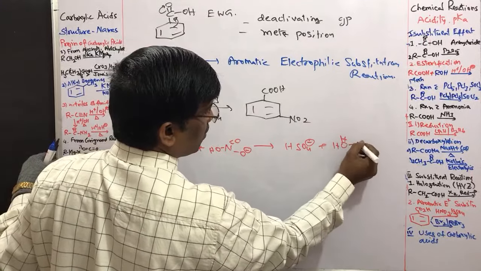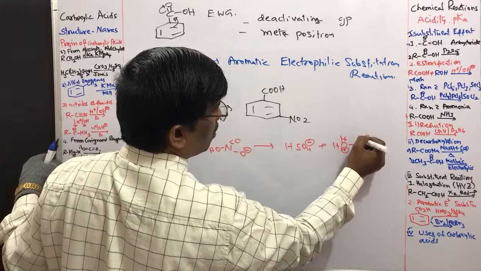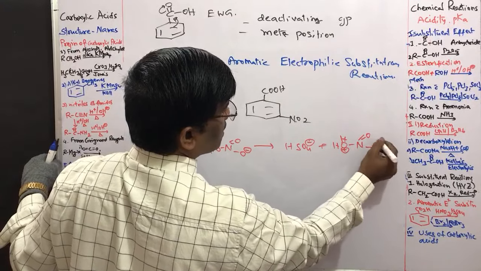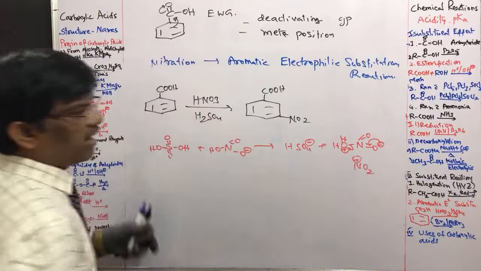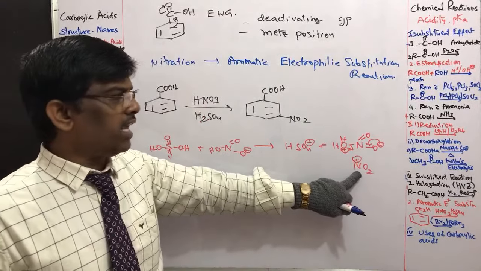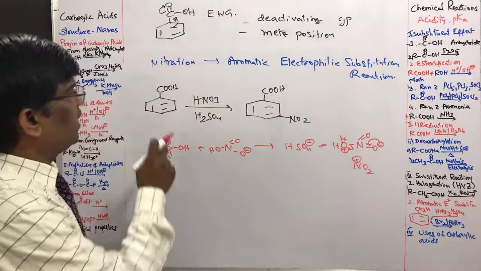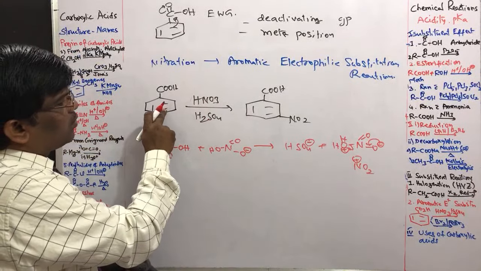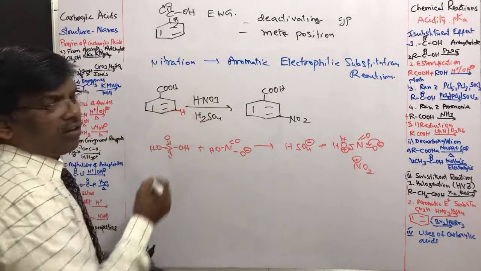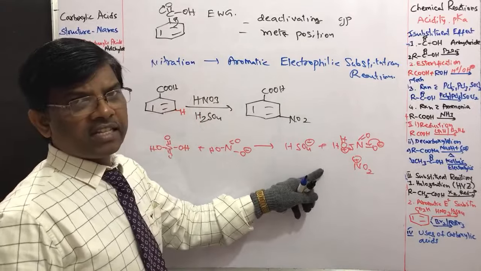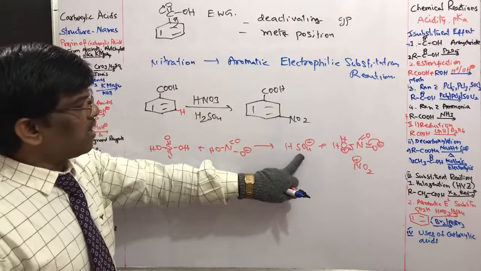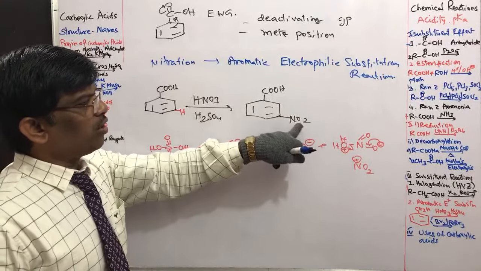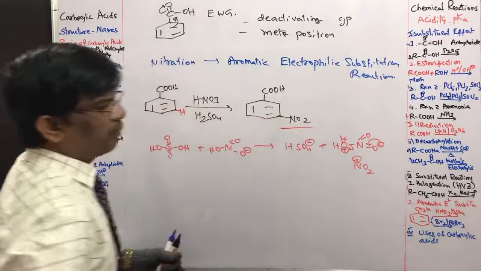Here it forms a positive O, and this is O minus, and it loses water to give NO2 plus. This is the electrophile. Generation of the electrophile takes place, and this electrophile will substitute this meta hydrogen, and at the final stage it loses hydrogen to the sulfate ion to give sulfuric acid back, and it is substituted with nitro.